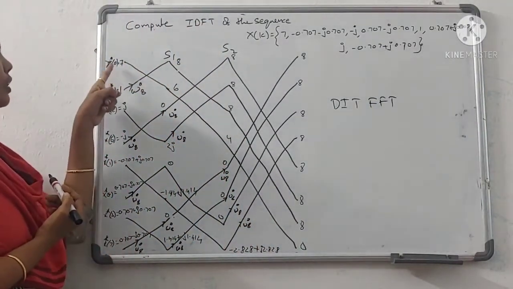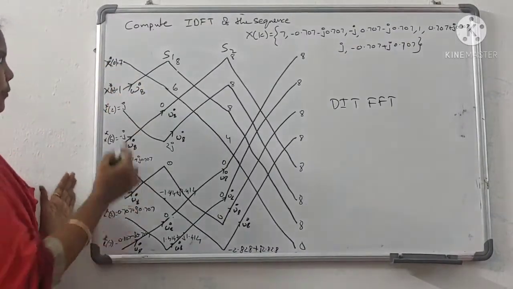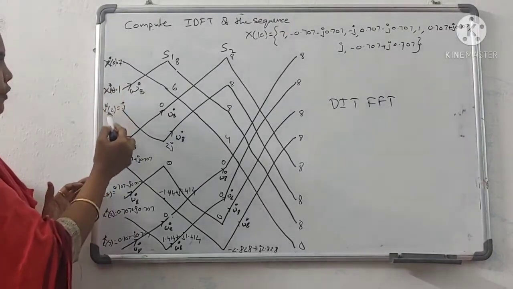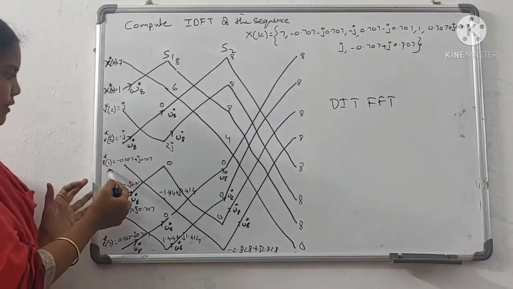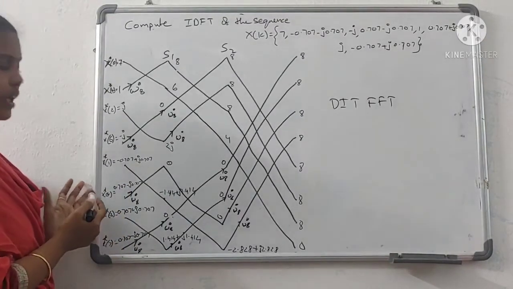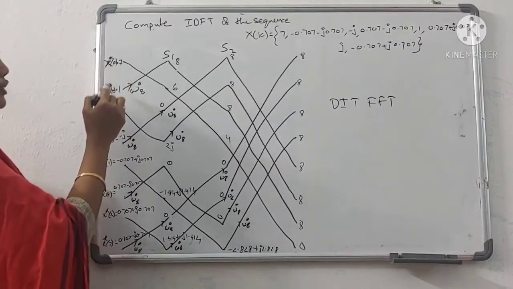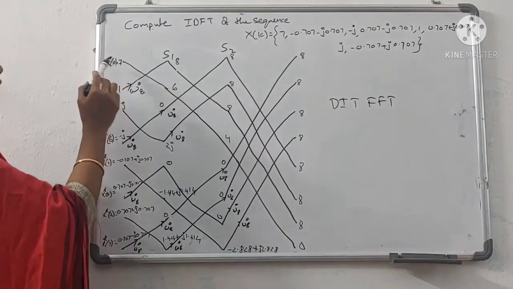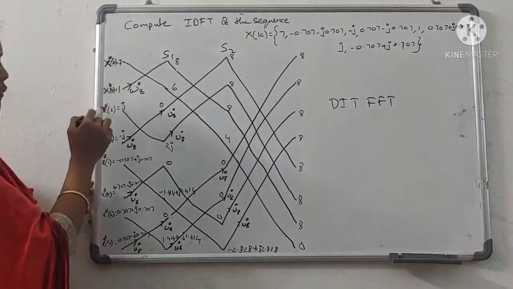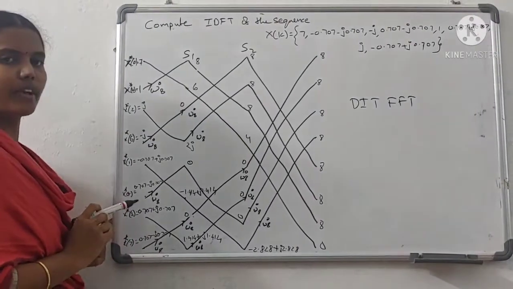The first stage is bit reversal order, that is x of 0, x of 4, x of 2, x of 6, x of 1, x of 5, x of 3 and x of 7. For inverse you have to put conjugate: x conjugate of 0, x conjugate of 4, x conjugate of 2, up to x conjugate of 7.